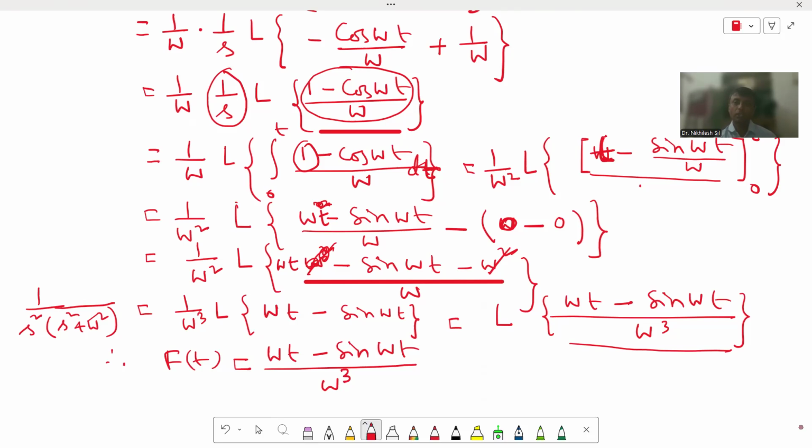But to remember the formula, we have to remember in this way. That when we are going to find the Laplace of the derivative, L of f(t) is multiplied by s, and when we are going to find the Laplace of the integration, then F(s) will be divided by s.